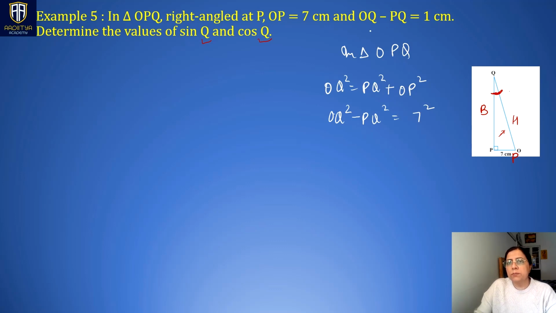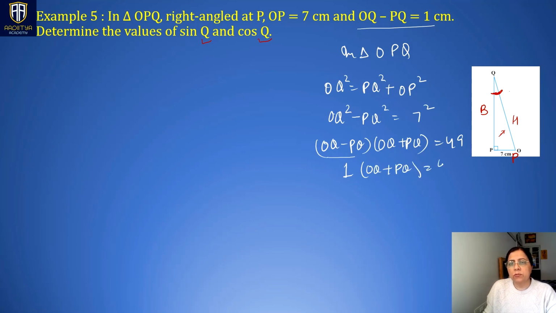Now OQ minus PQ is 1, right? So we can write this as OQ minus PQ into OQ plus PQ. Apply the identity of a square minus b square. It is a plus b, a minus b, which is 49. Now OQ minus PQ is 1. 1 times OQ plus PQ is equal to 49.